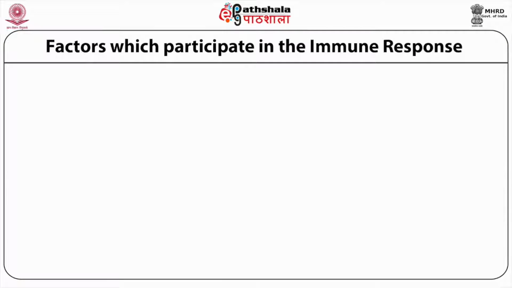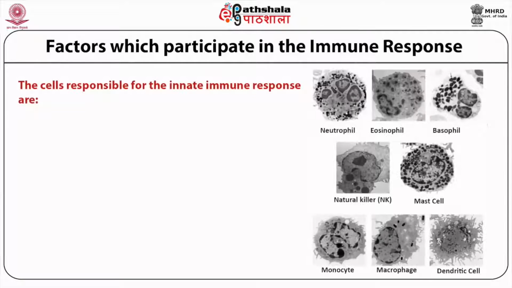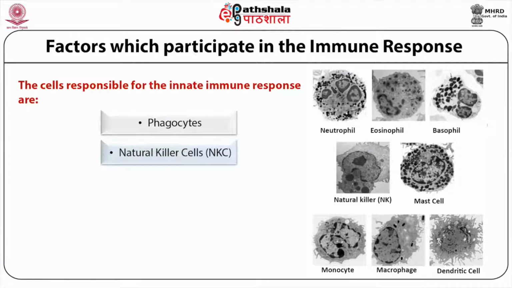Let us look at the factors which participate in the immune response. The cells responsible for the innate immune responses are phagocytes, natural killer cells, which we will normally call NKC in further lectures.